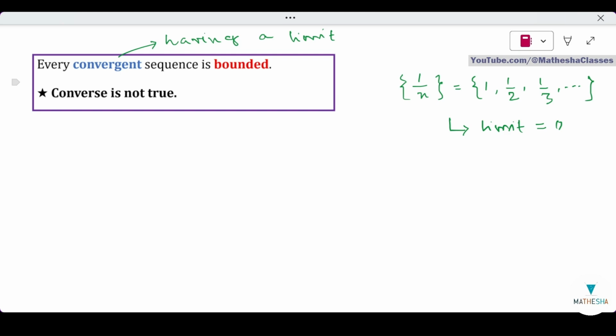And therefore this is a convergent sequence. Now note carefully that the sequence is bounded as well. Why? Because whatever term you are choosing from that particular sequence, it's all lying between 0 and 1.